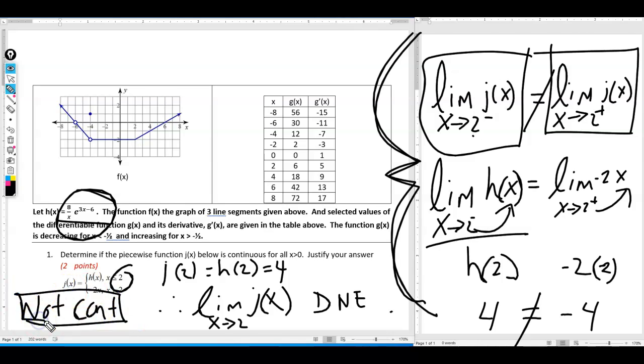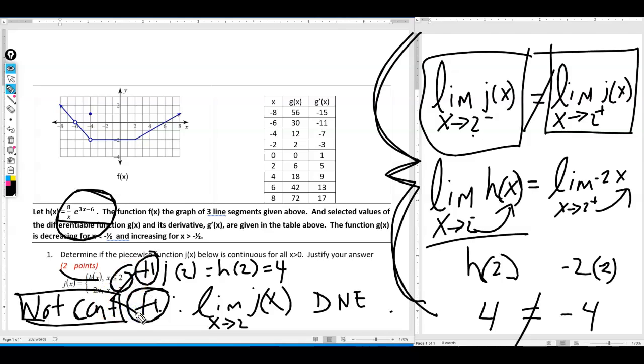So how would you be graded on this thing? For 2 points, I would think that in one case, 1 point would be in showing that you found what j of 2 was. The other point would be in showing what you got for the limit. And both of those should support your answer.